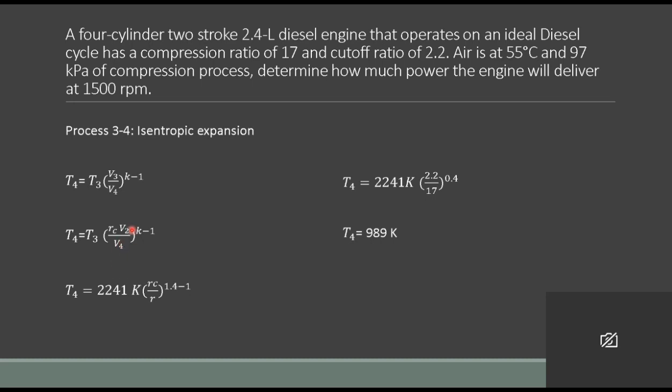V2 over V4 is also equivalent to V1 over V2, which is the compression ratio. Therefore, T4 is T3 multiplied by the cutoff ratio over the compression ratio, raised to k minus 1. Plugging in the values, we got 989 Kelvin.